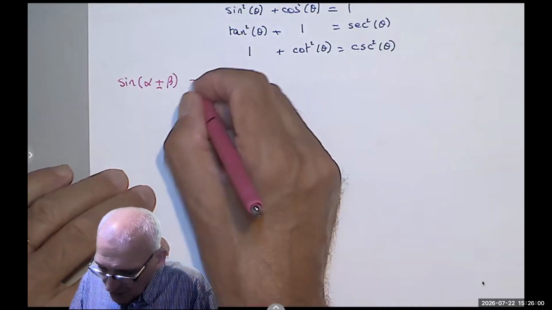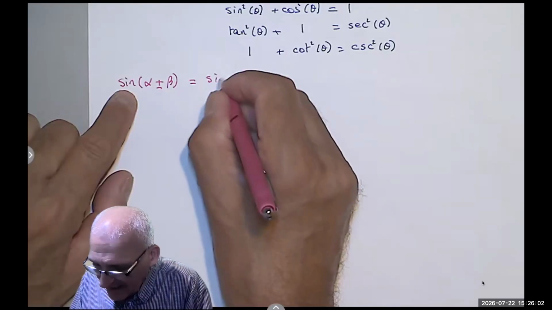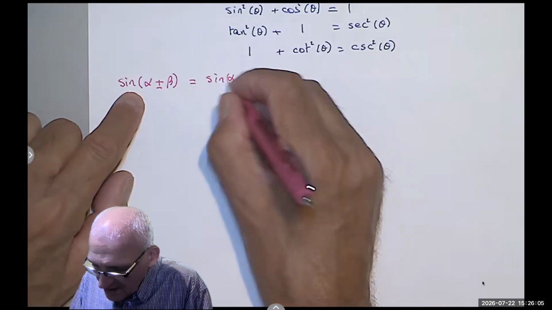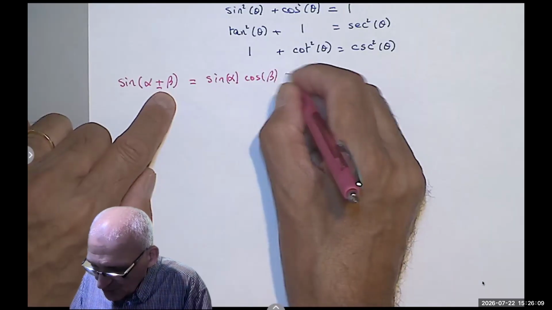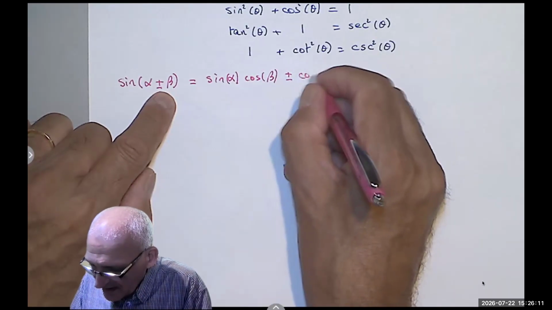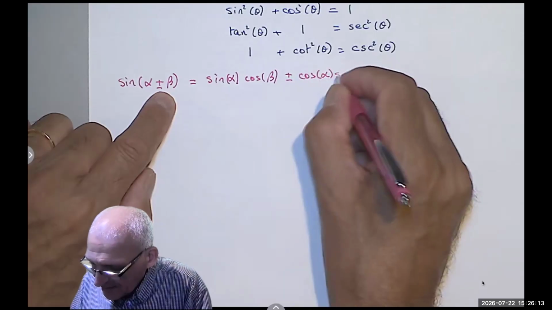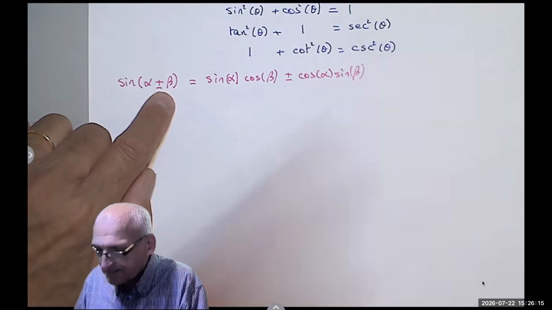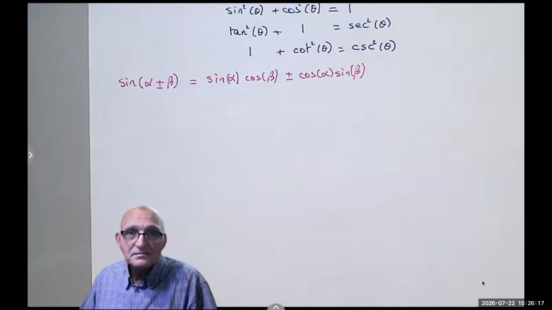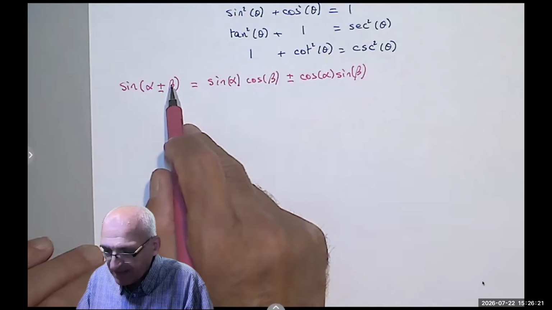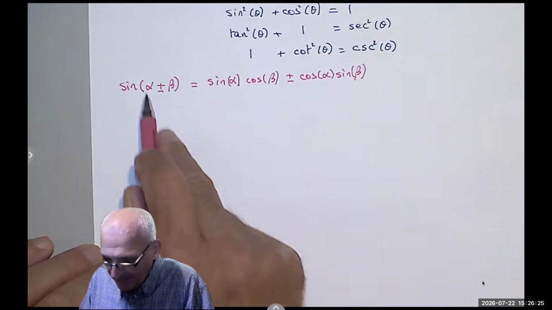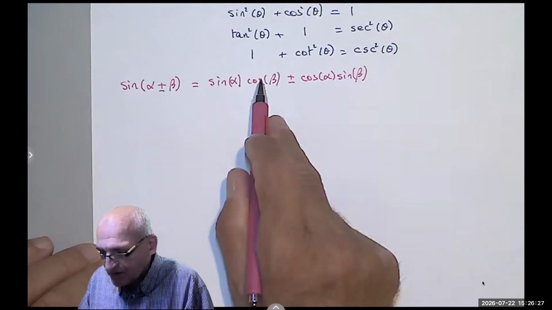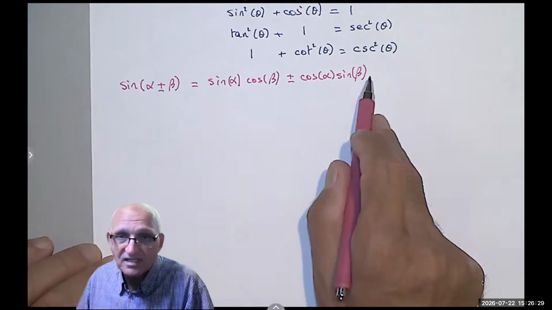This equals sine alpha cosine beta plus or minus cosine alpha sine beta. So sine of alpha plus beta is sine alpha cosine beta plus cosine alpha sine beta, and sine of alpha minus beta is sine alpha cosine beta minus cosine alpha sine beta.